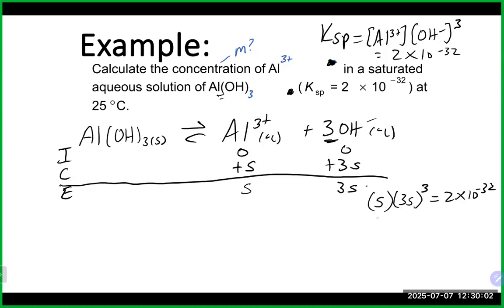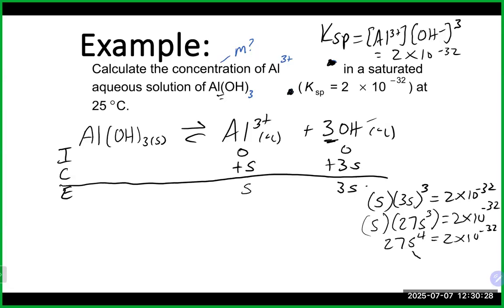That is going to get us here S times 27S cubed. Remember, you do need to cube the number, not just the S, which is a very common error people make. So 3 times 3 is 9 times 3, 27 there. That's then going to get us 27S to the 4th is equal to 2 times 10 to the minus 32.